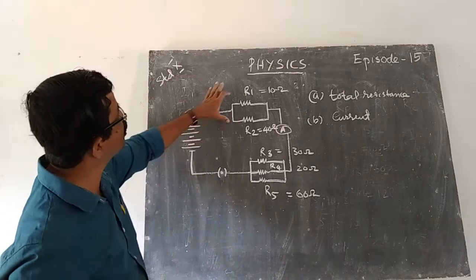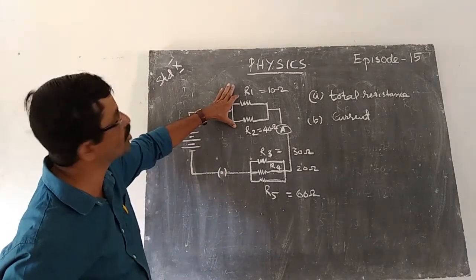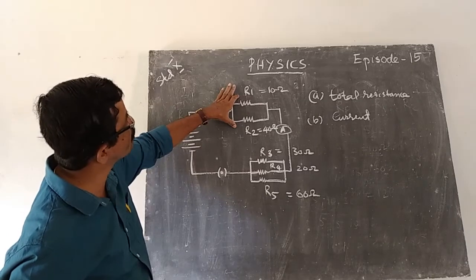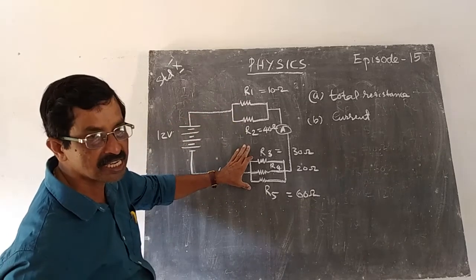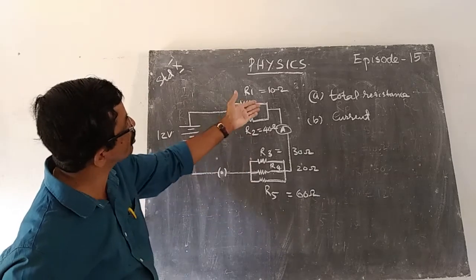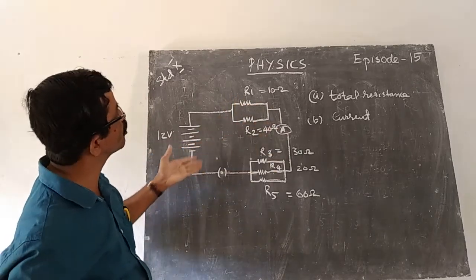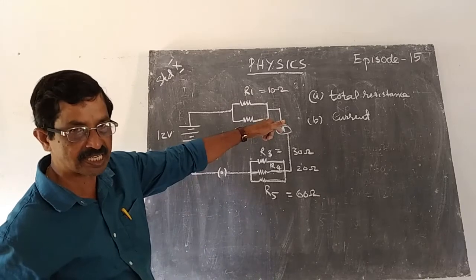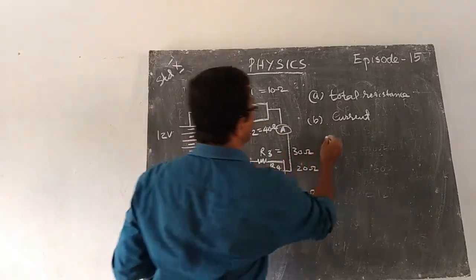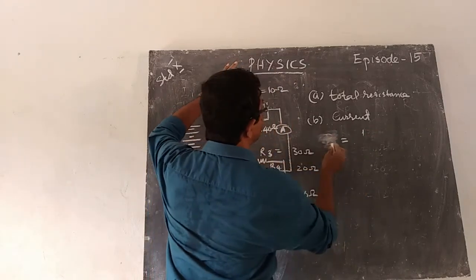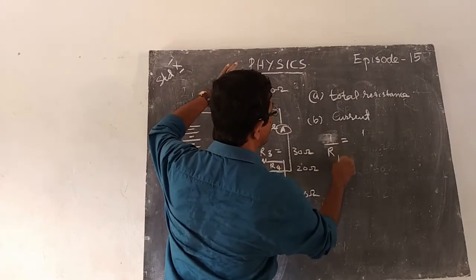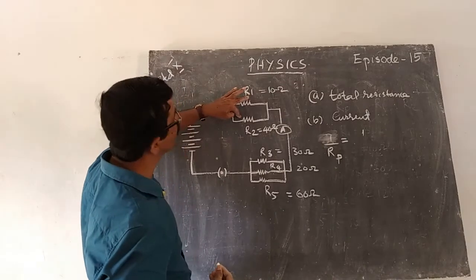So first we find the total resistance of these two, then the total resistance of these three, then find the total resistance of this combination in series. First of all we take R as Rp, since it is parallel.